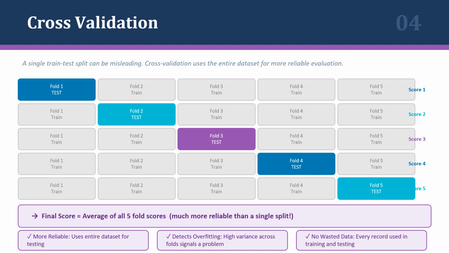And time series split respects temporal order for time dependent data. So the typical k values, k equal to 5 or k equal to 10 are standard. K equal to 10 gives slightly better estimate but takes longer time. In Scikit-learn, cross_val_score of model, X, y, cv equal to 5, scoring equal to accuracy.